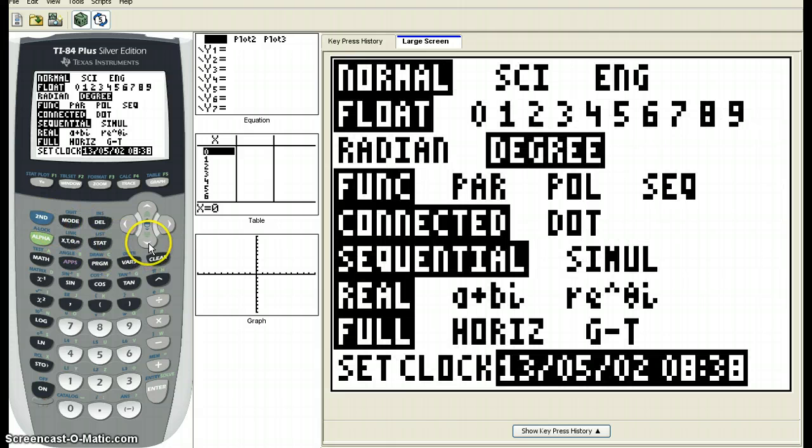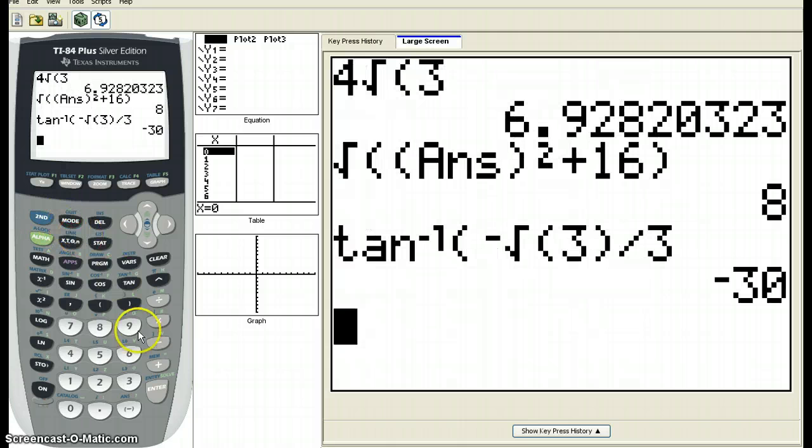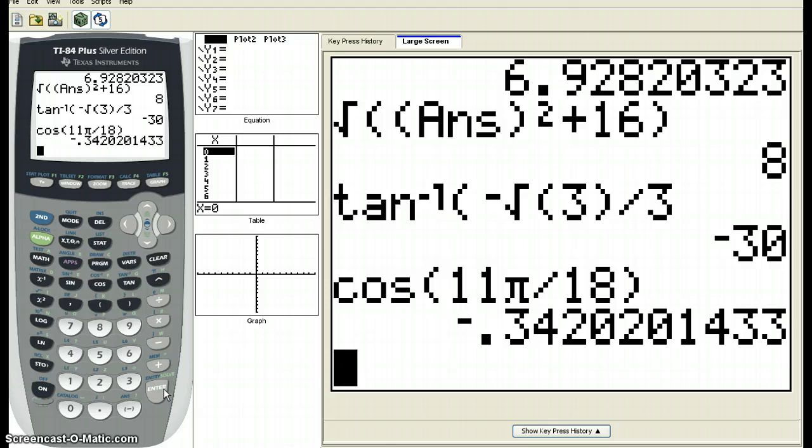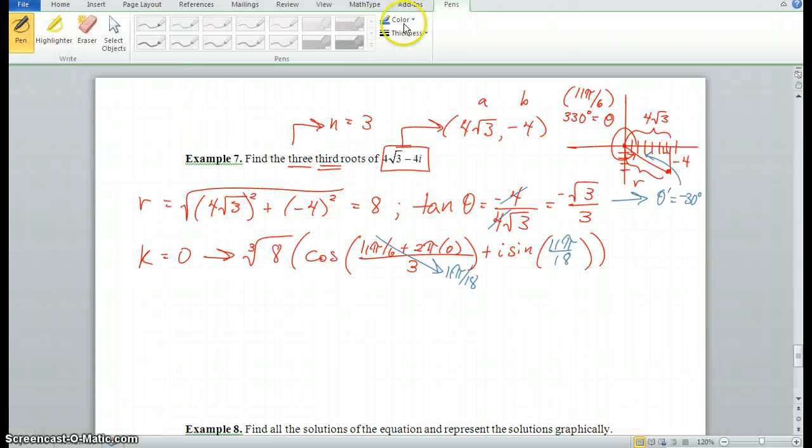So we'll go ahead and convert to radians. Do our calculation here with the cosine of 11 pi over 18. And that is negative 0.342. Let's also write that the cube root of 8 is 2.